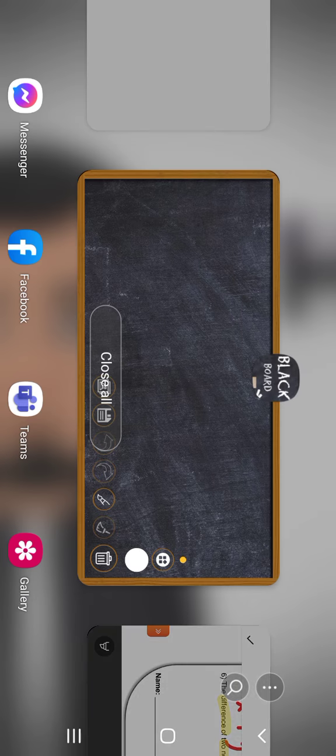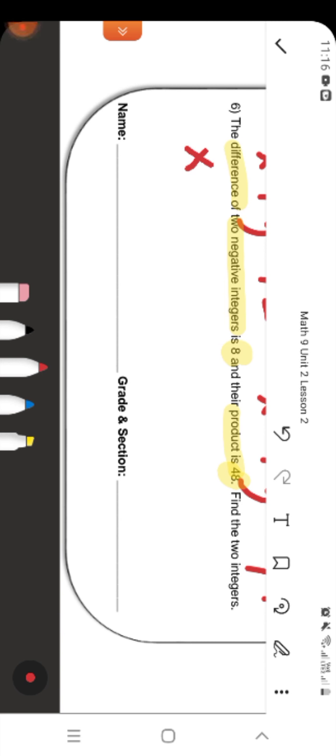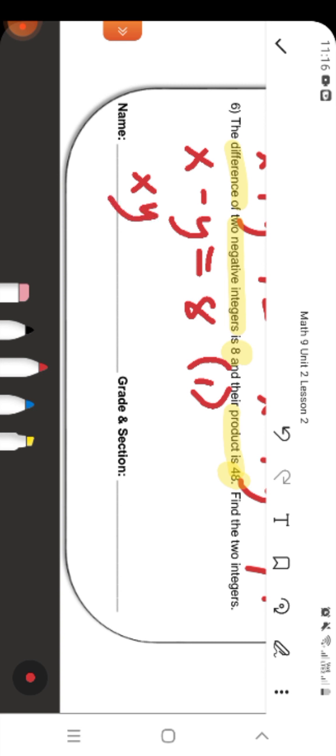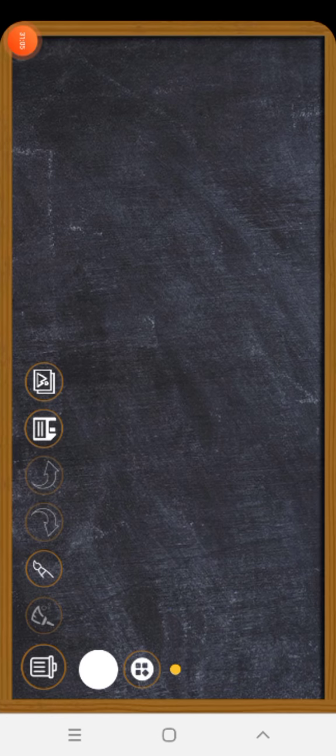So we let the first number be x and the second number be y. The difference of x and y is 8. That's our first equation. The second equation is their product is positive 48. Put it on our blackboard this time. Item number 6.